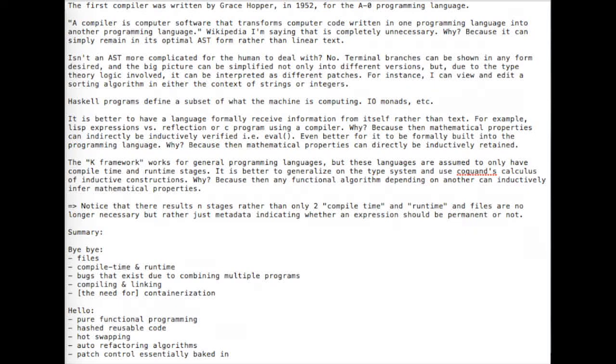The K framework. Okay, so this is University of Illinois, Grigore Rosu, the professor there. He and other people made some formal verification of programming languages that exist out there, like C or Python. They're defined in text.